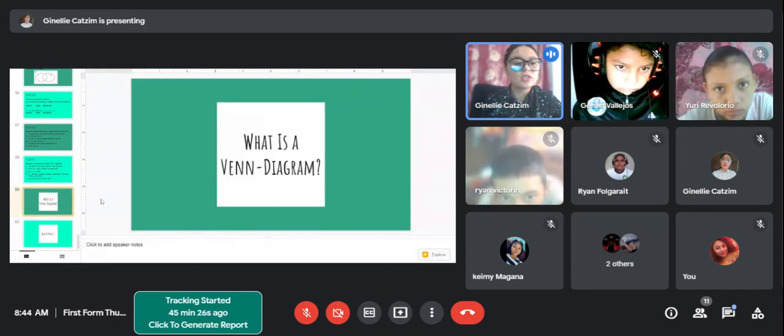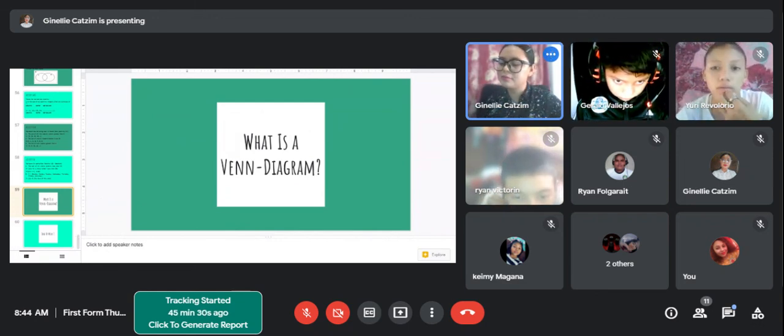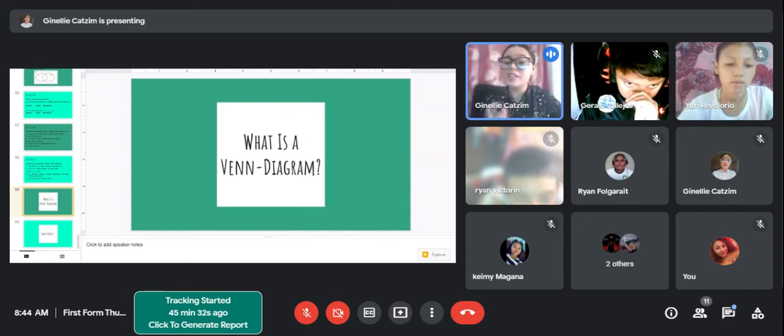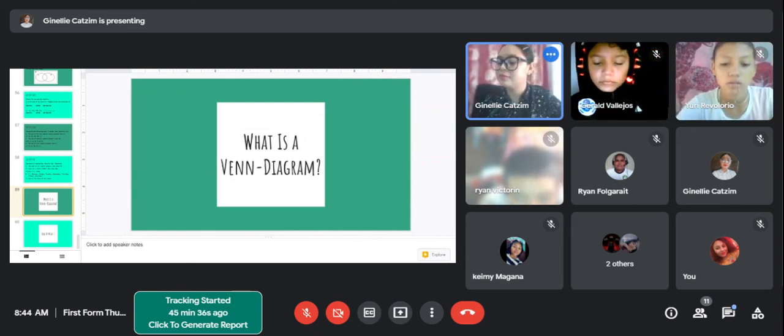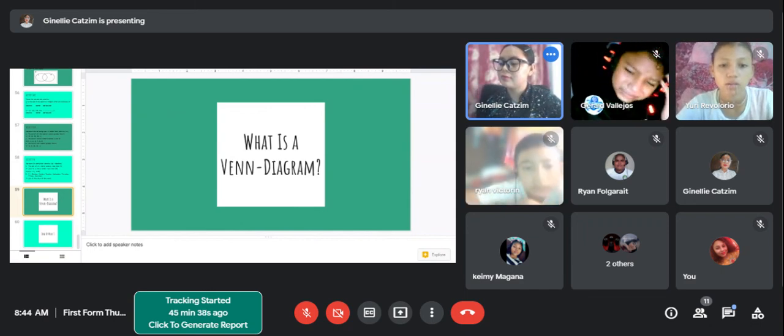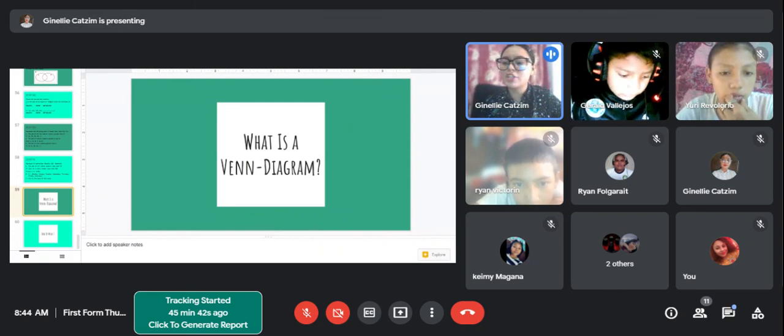So to end today's class, I want to tell you what is a Venn diagram. I just covered this briefly, but what is a Venn diagram? Share anything that you remember about a Venn diagram.